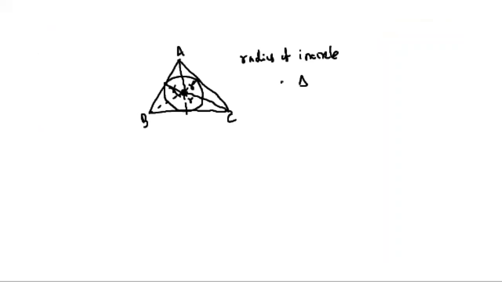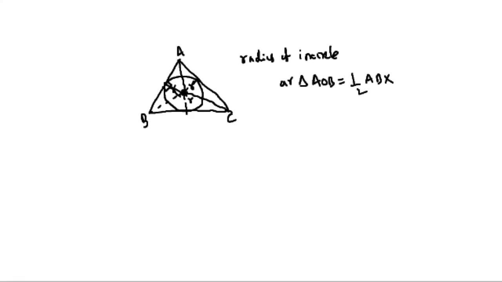In triangle AOB, if I want to find the area of triangle AOB, it will be half base into height. So half AB multiplied by the height. Now this is 90, isn't it? The angle between radius and tangent at the point of contact is 90. You know the theorem. So this is going to be the height.